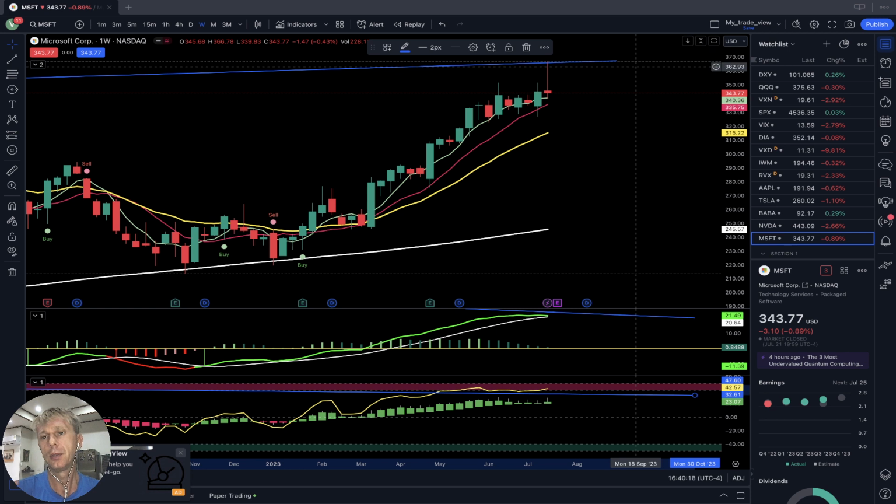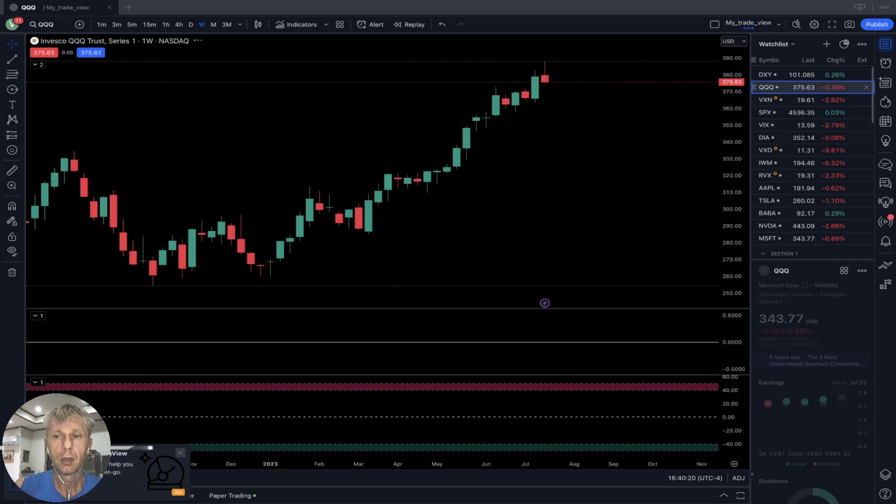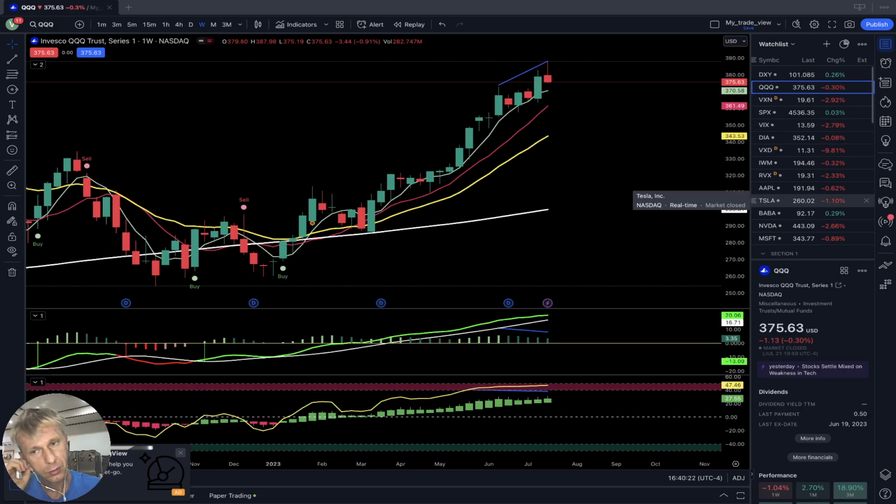Generally, all indexes and cryptos and all equities in my watch list are still all bullish. Still all bullish on all time frames, weekly, monthly, quarterly, but they are all in overbought territory and they all have bearish divergences on multiple time frames. Also at the same time, no volatility, no fear in the market at all.